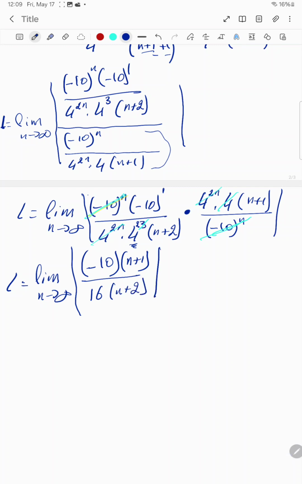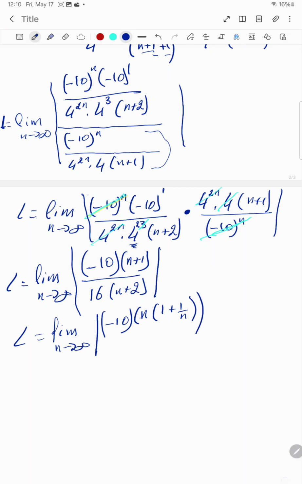Absolute value. I still have n in my limit, so let's factor out n. So the limit L is equal to the limit when n goes to infinity of minus 10 times n times 1 plus 1 over n divided by 16 times n times 1 plus 2 divided by n.